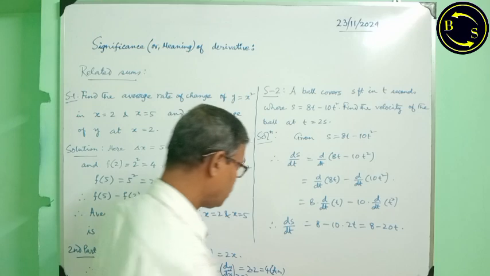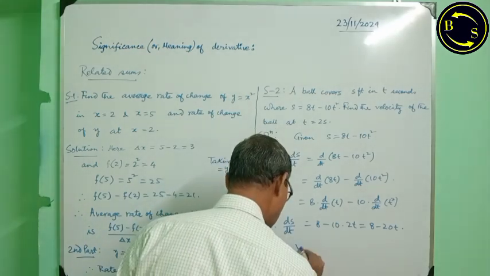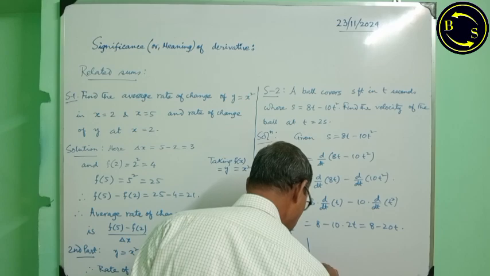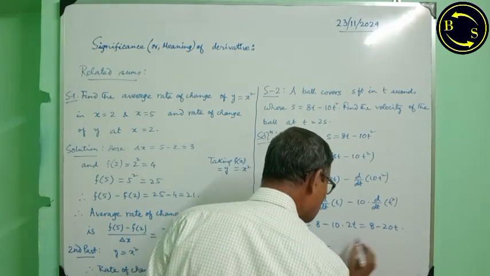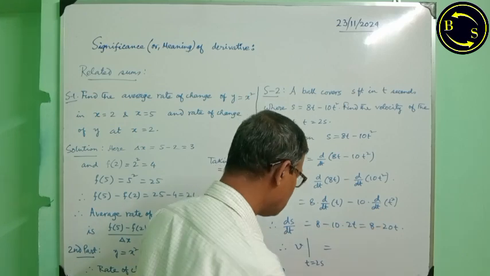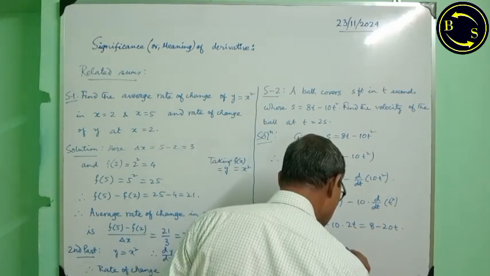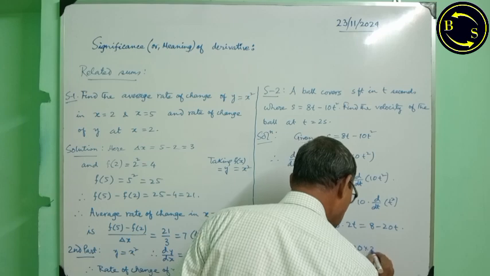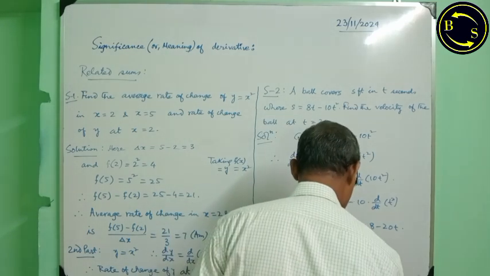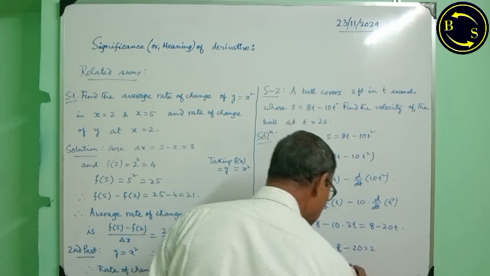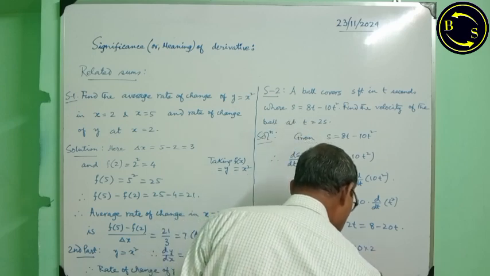That is the velocity. Therefore, velocity at t equal to 2 seconds: we put t equal to 2 seconds here, 8 minus 20 into 2, that is minus 32.